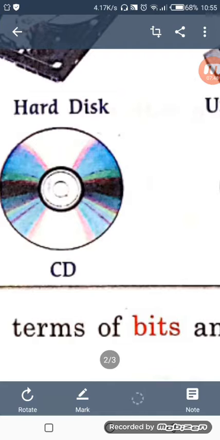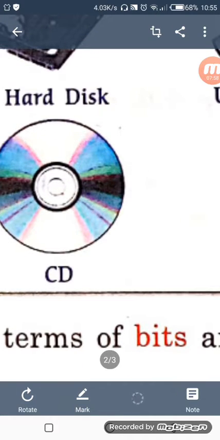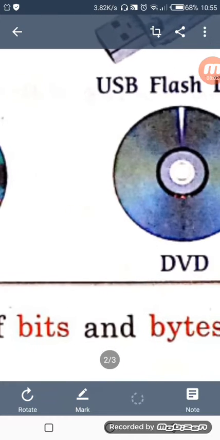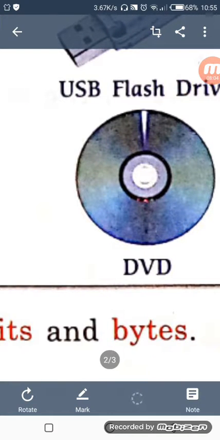This has less memory. A normal CD has 700 MB. I will tell you what is MB, GB, TB, KB. Just listen, a normal CD only has 700 MB, but a DVD has 5 GB.